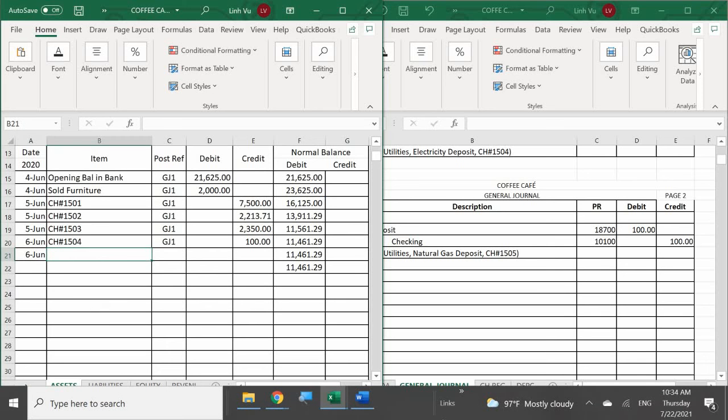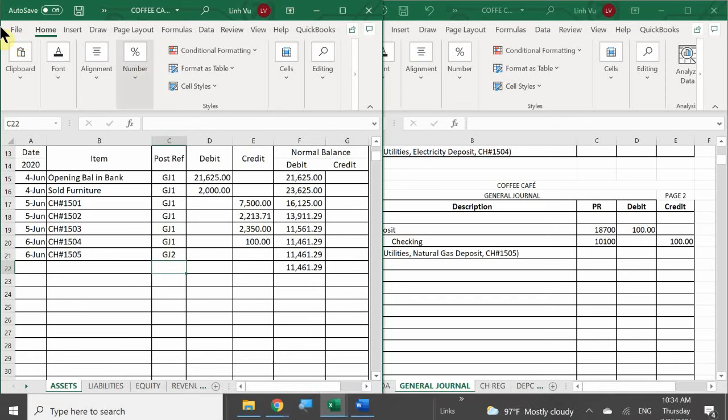And here, all I need to do is write my check number 1505 because I can pull the information immediately. And this time, this transaction is on general journal number 2. So that's the difference. Here, I'd be able to recognize the difference between the first transaction of my $100 deposit versus my second one because the second one is on the second page, all right?